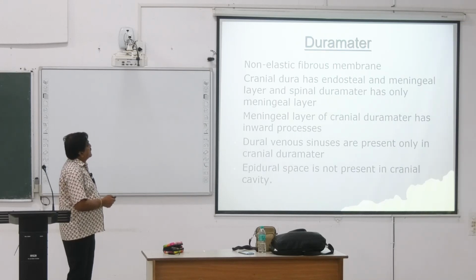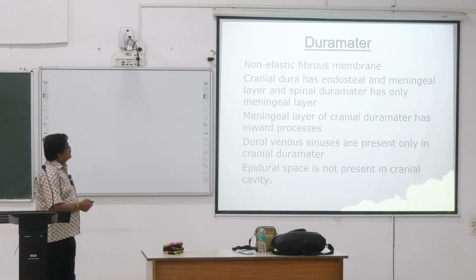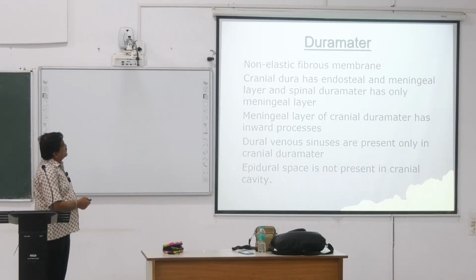Now, dura mater, non-elastic fibrous membrane. Cranial dura has endosteal and meningeal layers, and spinal dura mater has only meningeal layer. The meningeal layer of cranial dura mater has inward processes, and dural venous sinuses are present only in cranial dura mater.